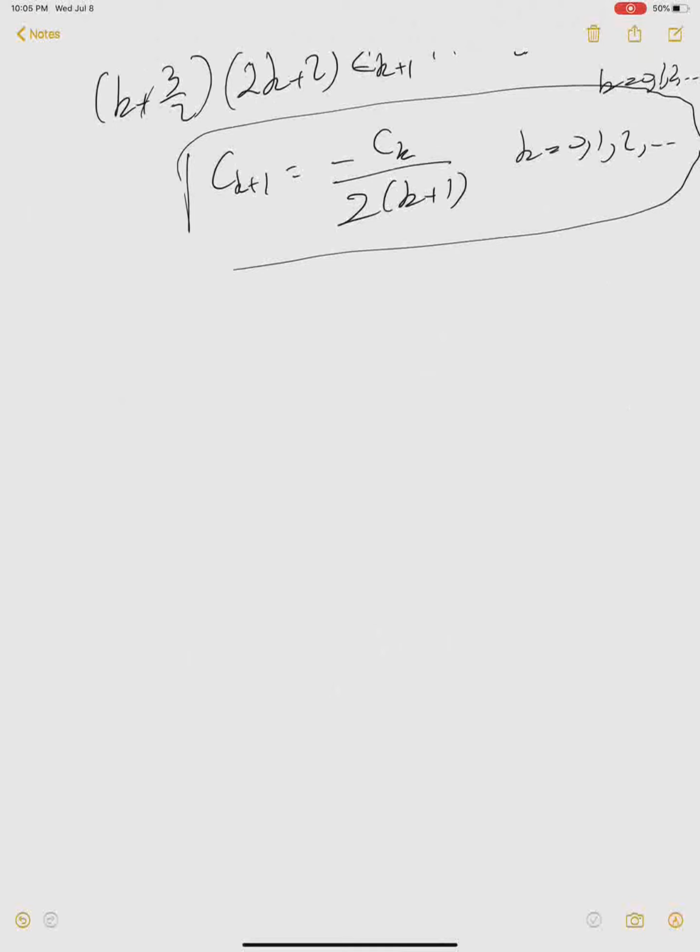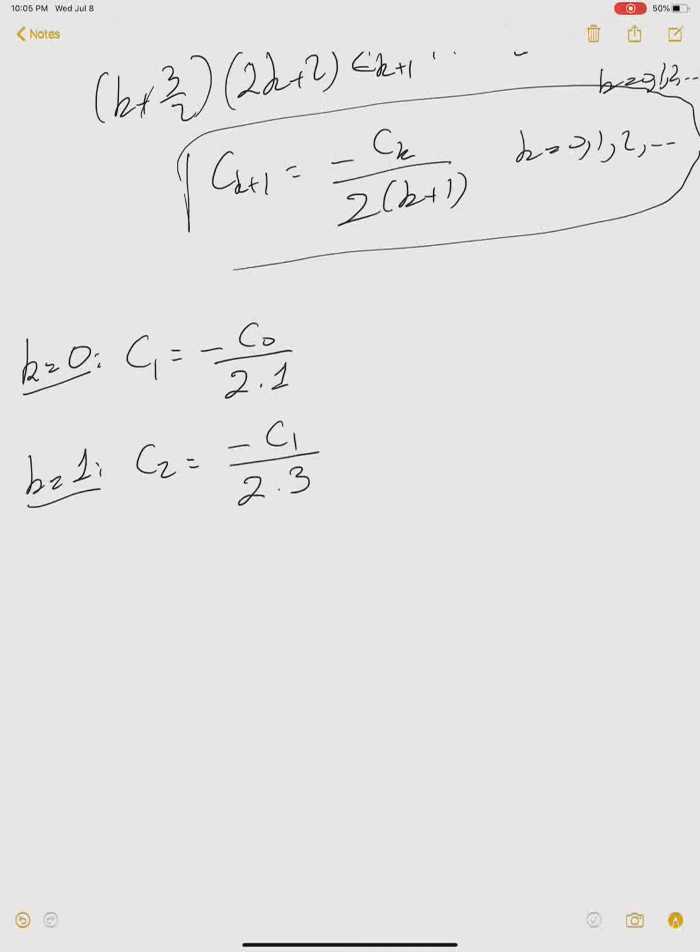And now I start plugging in. So k equal to 0, you get c sub 1 is equal to minus c sub 0 over 2 times 1. What about when k equal to 1, you get c sub 2 equal to minus c sub 1 over 2 times 3, which is c sub 0 over, I can write it as 2 times 2 times 3.